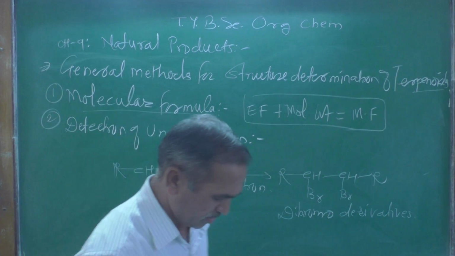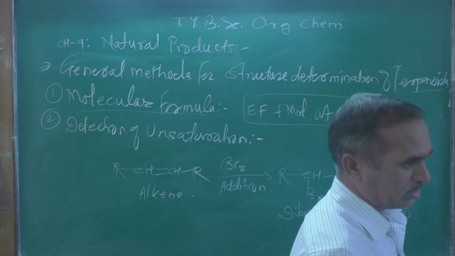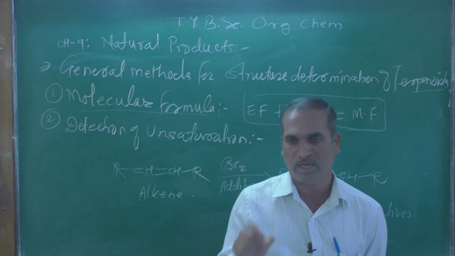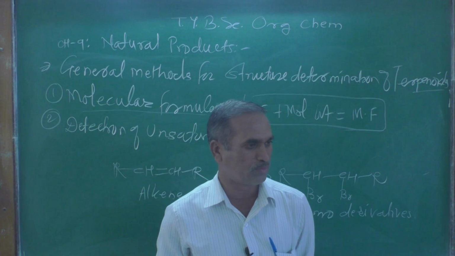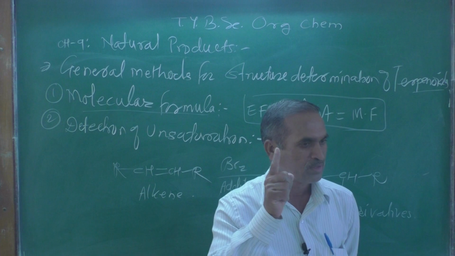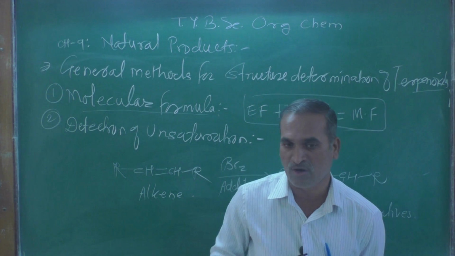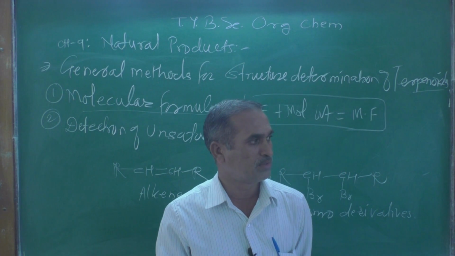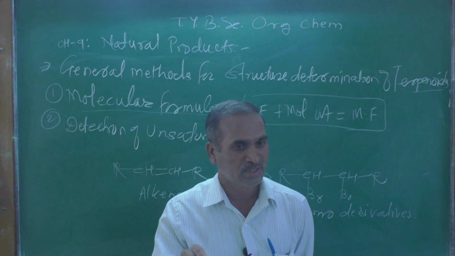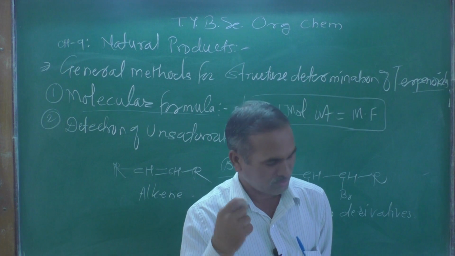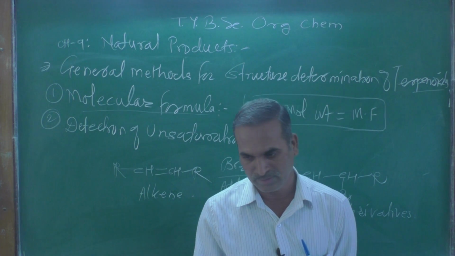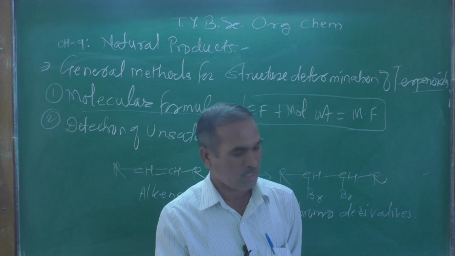One more question may appear in the exam. The nature of that question may be like this. Listen carefully. How will you prove the presence of a carbon-carbon double bond in citral, or maybe an unknown terpenoid?